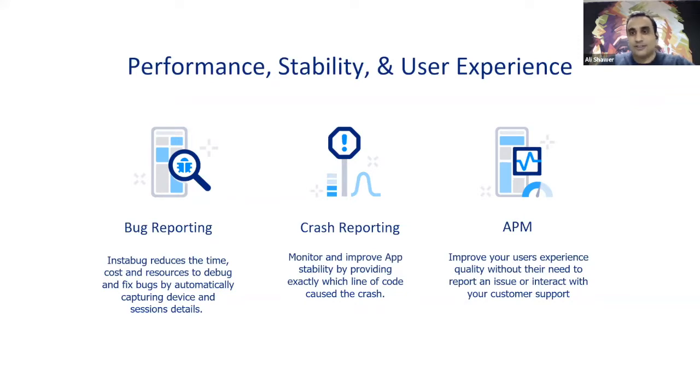Crash reporting, Instabug is known for collecting all kinds of crashes. Anything that has to do with fatal crashes, non-fatal crashes, handled exceptions, out-of-memory crashes, application not responding crashes, all those kinds of crashes are collected automatically, and you get very thorough reports, just as I will show you in the demo as well.